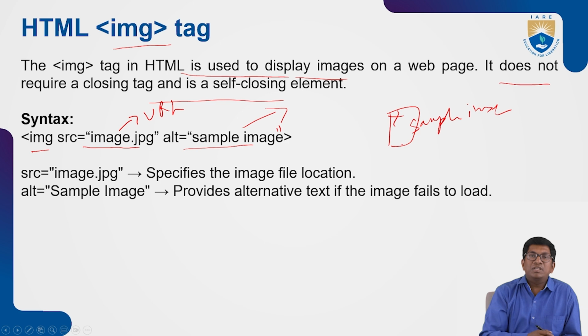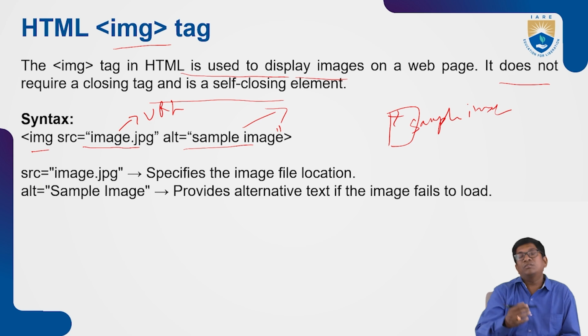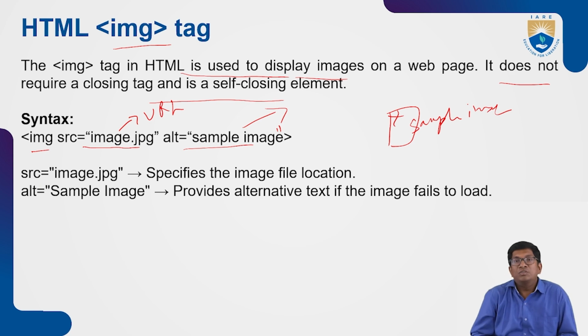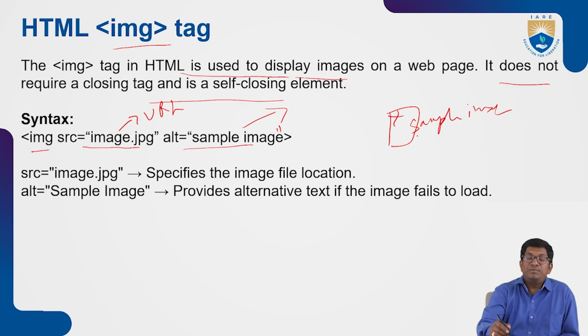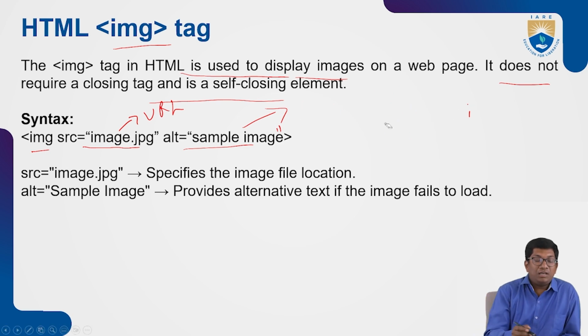In this web page, they have to display the content, or the image is a sample image. Suppose you are going to display your student photo, then if it fails, it displays here. We can write some text here, like student photo. Then we can understand they have to display the student photo. So that is the use of alt.